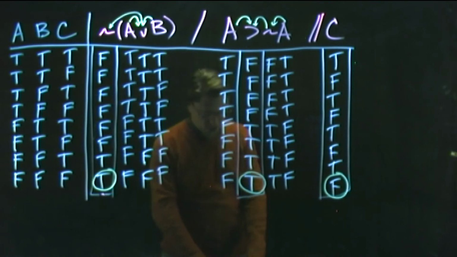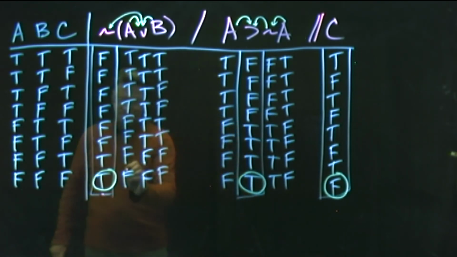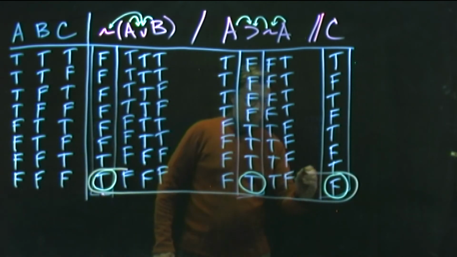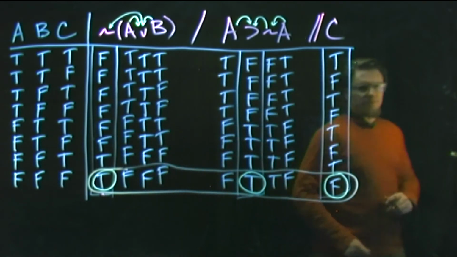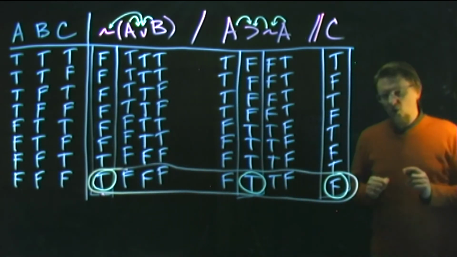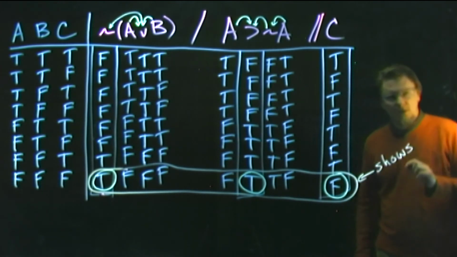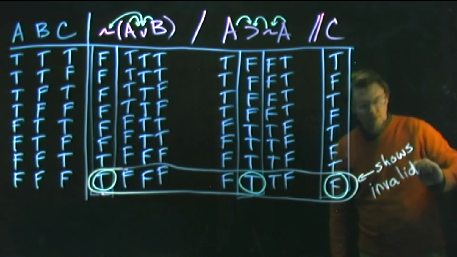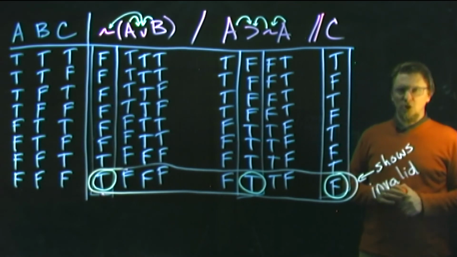And so, in fact, what we want to indicate here is that this row shows that the argument is invalid. This row shows that the argument is invalid.